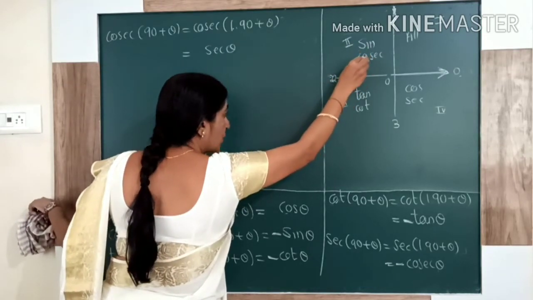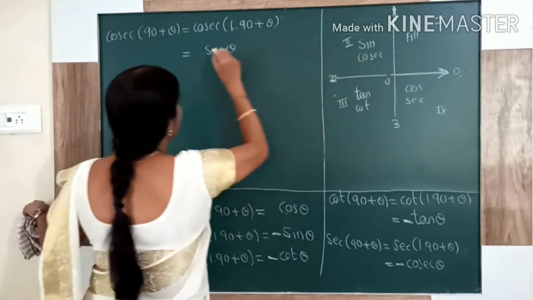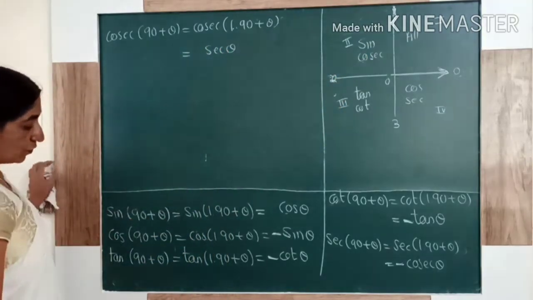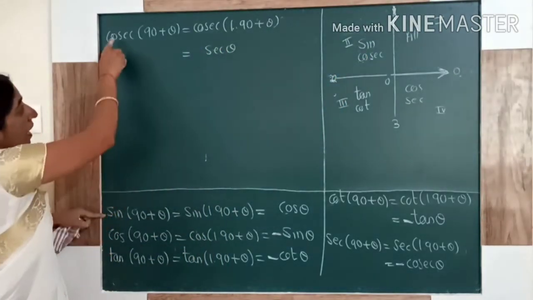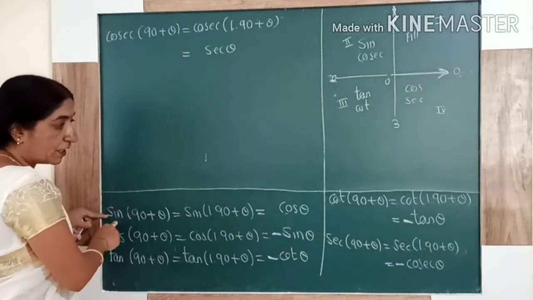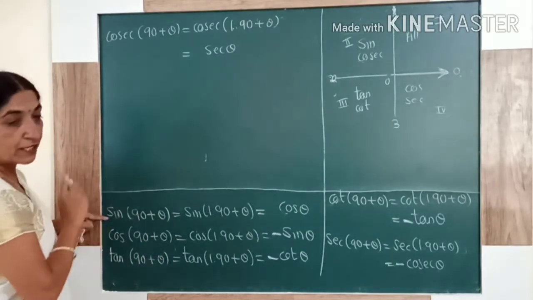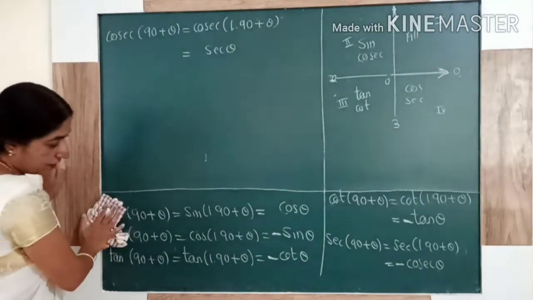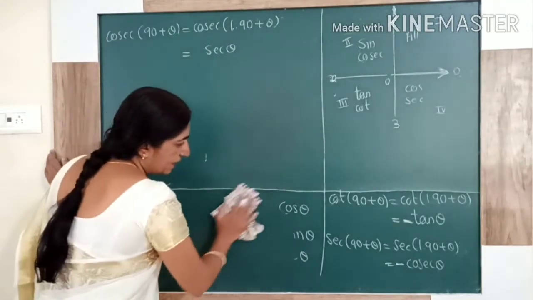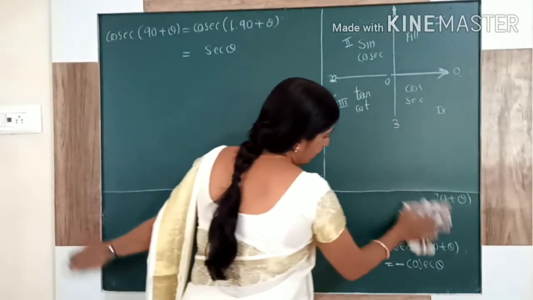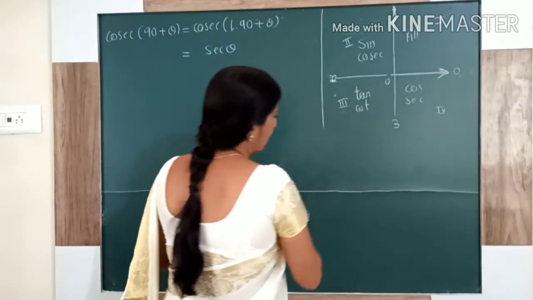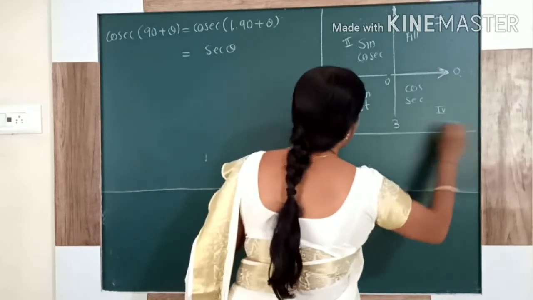In the second quadrant cosec is positive, so your answer will be positive. Note down: only sine and cosec are positive in the second quadrant, so in front of those your answer will be positive. The remaining will be negative. Is it clear? Write it slowly. I will explain slowly, step by step, to help you understand these allied angles.